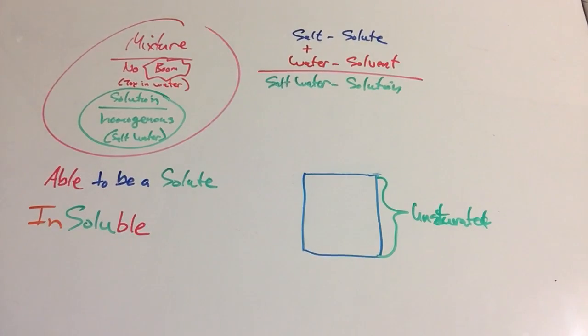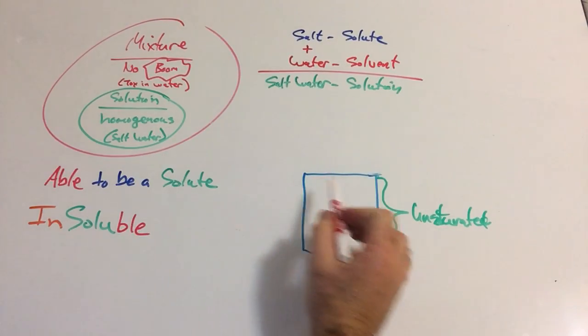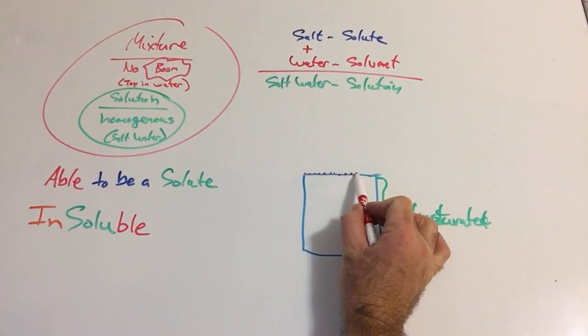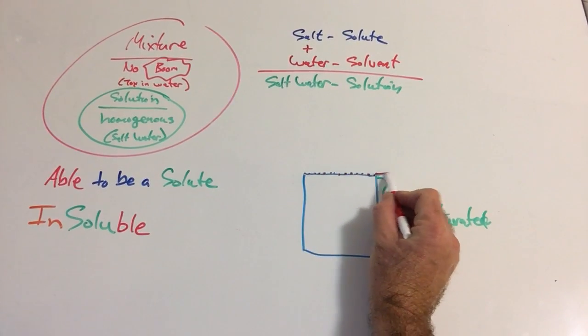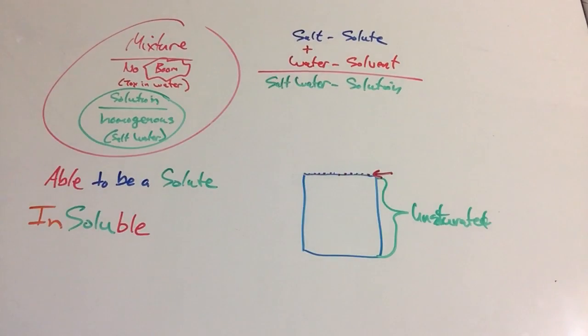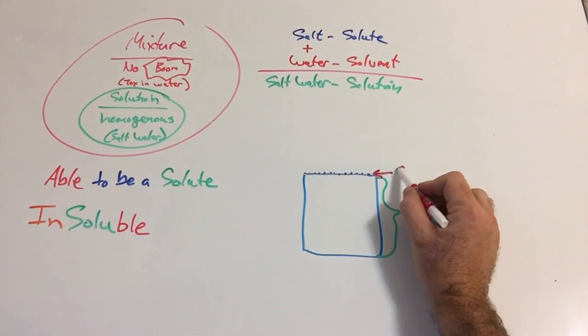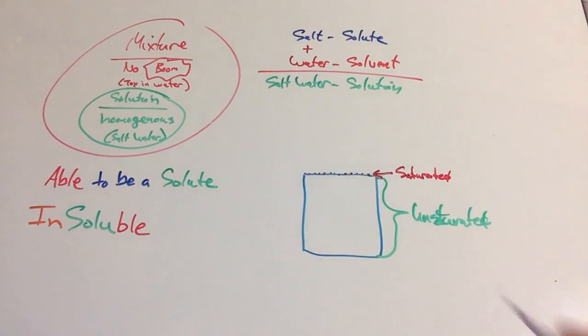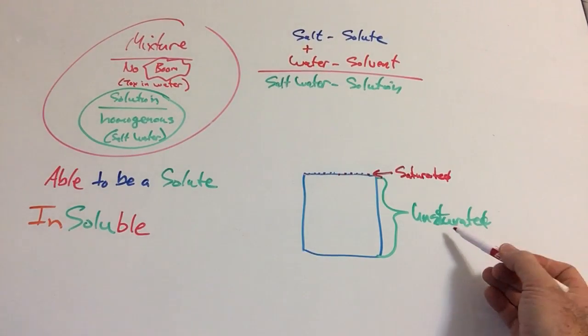There's some messy handwriting for you. You're welcome. If it is exactly at the top, nice and level, then this one amount right there is called saturated, and any amount less than that, one grain of salt less, is still considered unsaturated.